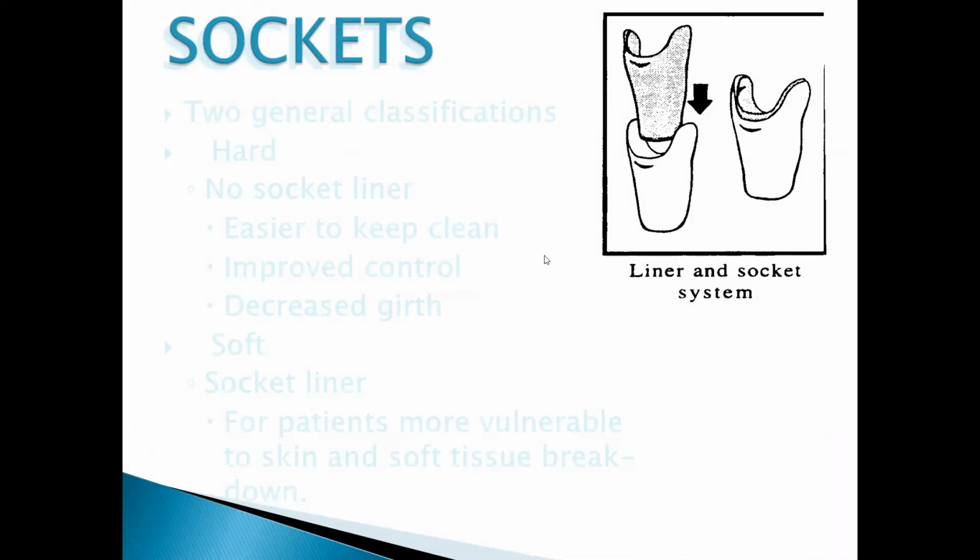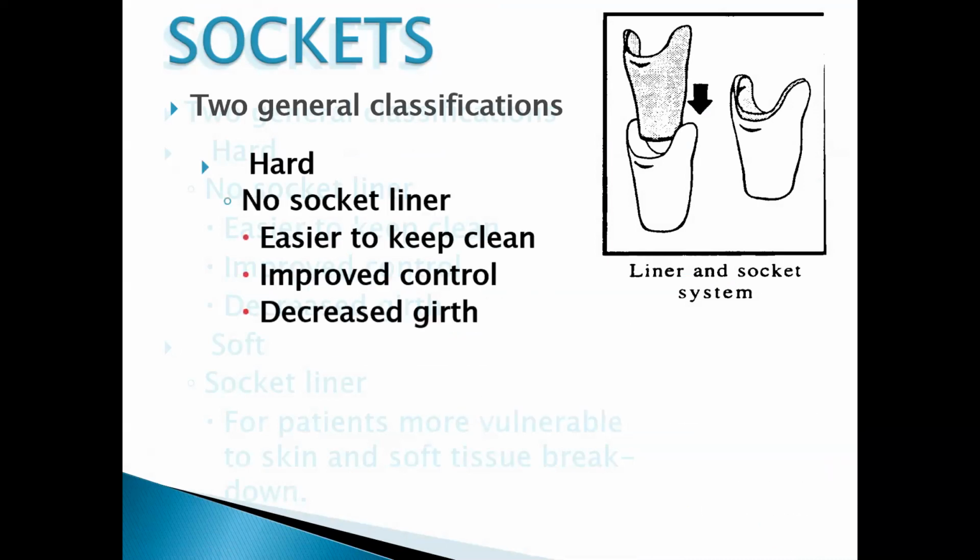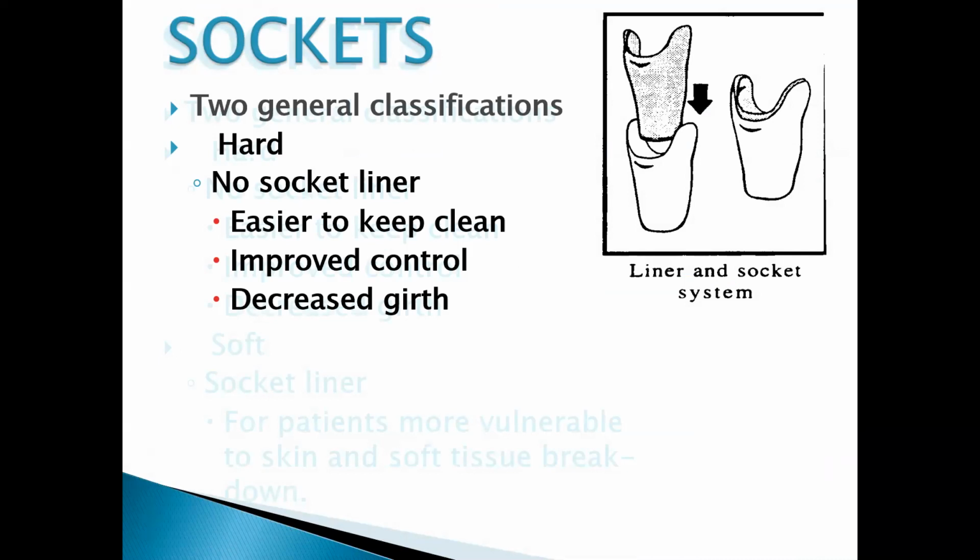And now we're going to talk about sockets for patients with transtibial amputation. There's a couple ways that these are done. They either have a socket without a liner or a socket with a liner.